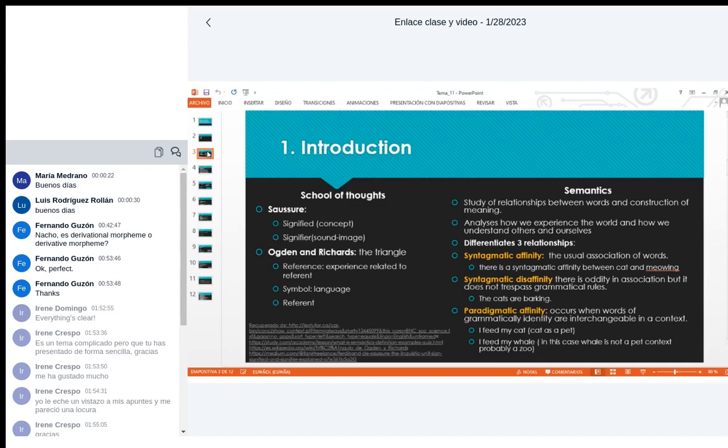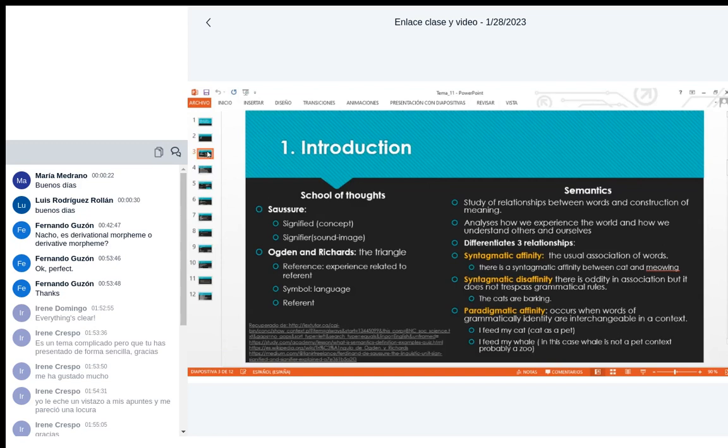So there are three relationships that are made in linguistics: the syntagmatic affinity, the syntagmatic disaffinity, and the paradigmatic affinity. What is the meaning of the syntagmatic affinity? Well, the syntagmatic affinity is the usual association of words.